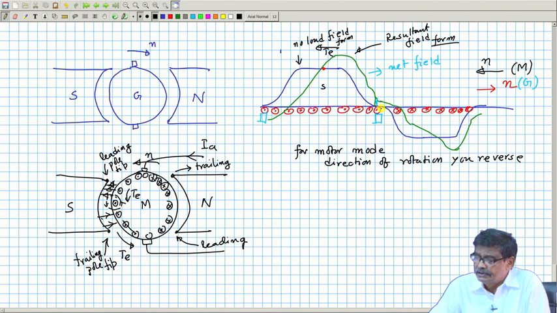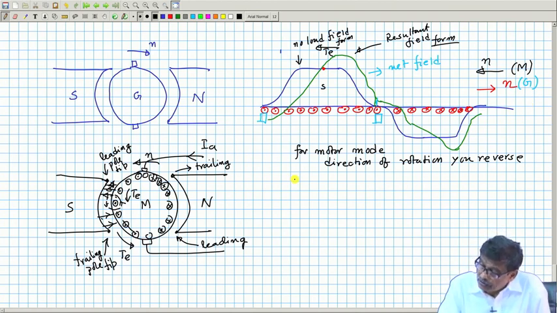So, for motor and generator mode, if you draw for one, for the other you just show the direction of rotation to be reversed, keeping the polarity and the direction of the current the same, and you get everything in place, and your conclusions about other things are okay.